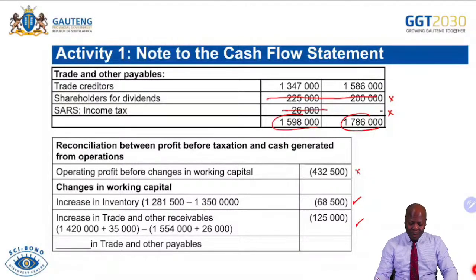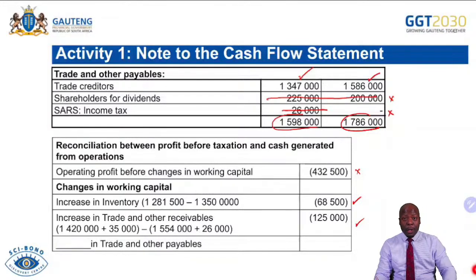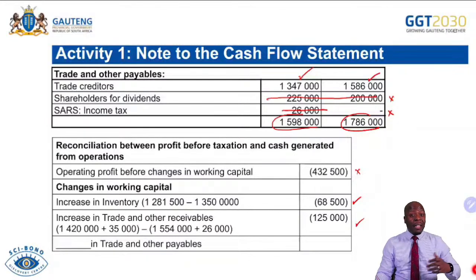So I'm going to look at only the trade creditors, which is 1,586,000 and the 1,347,000. Those are the two figures that I'm going to be looking at, whether we have an increase or a decrease. So I'm going to give you one second, all right? I want you to look at this.